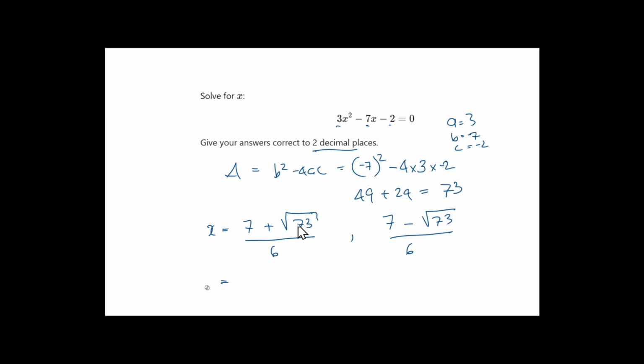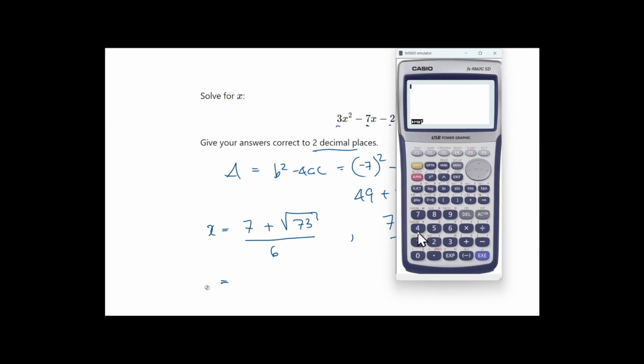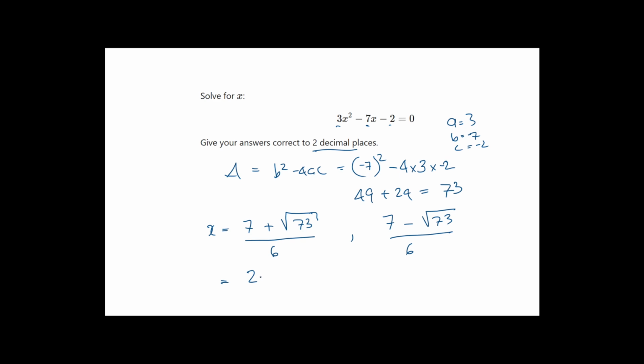So for this one, we're going to grab our calculator. 7 plus the square root of 73 equals that. Divide that by 6, and that's 2.59 to 2 decimal places.